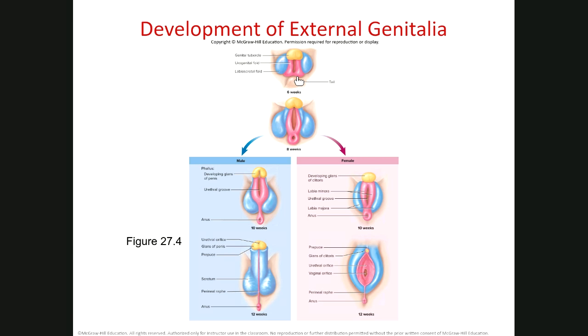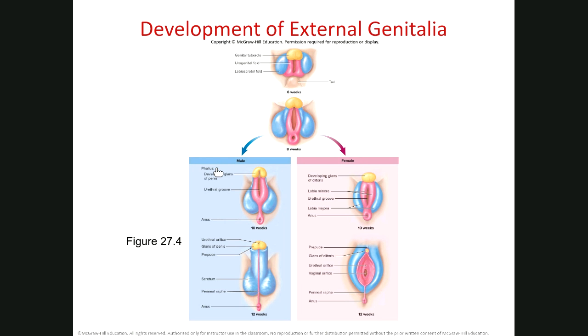Right? So genital tubercle, urogenital fold, and the labioscrotal swelling. As you see from this picture, in the male, like we said, the male components or developments, right?